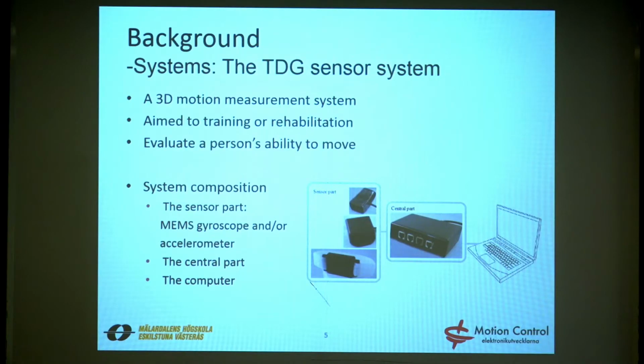Here is the TDG system. We can see they also have sensor parts with both MEMS gyroscope and MEMS accelerometer, and similarly a central part for control, communication, and power supply.